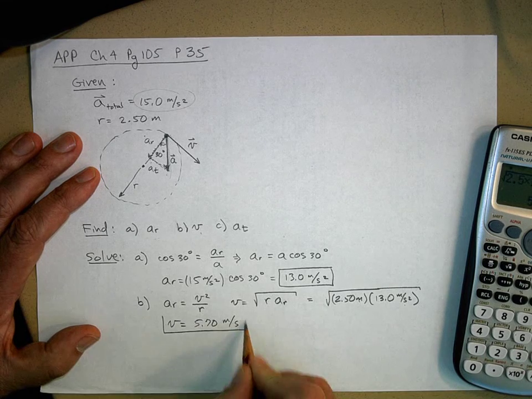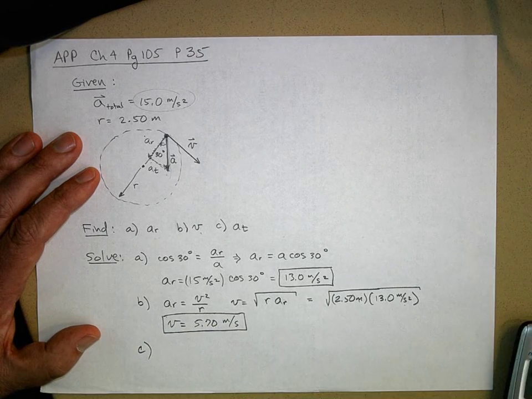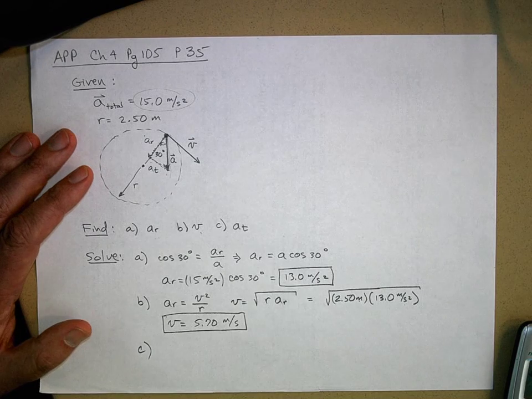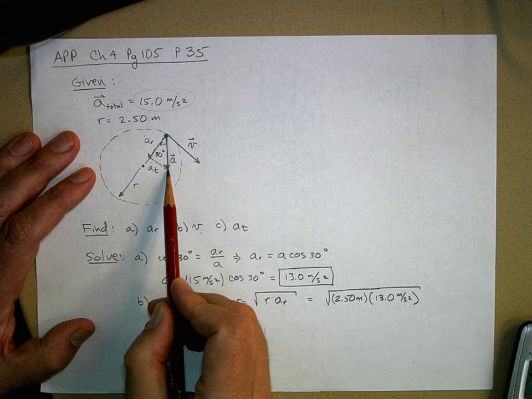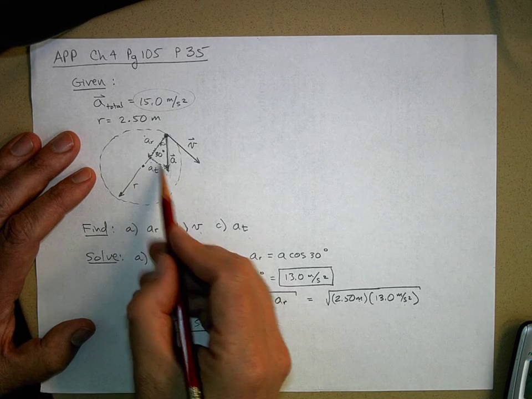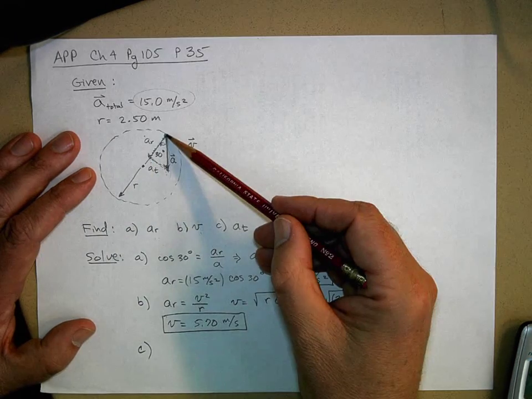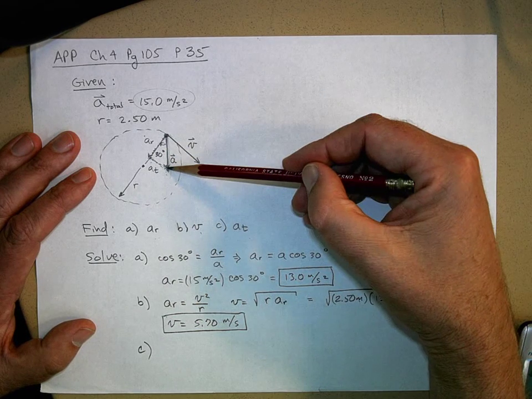So that's how fast I'm going. And then part C, we want to know what is the tangential acceleration. Well, I can look up here and see that it's the opposite leg of this right triangle created by the radial, and the tangential acceleration adds up to my overall acceleration.